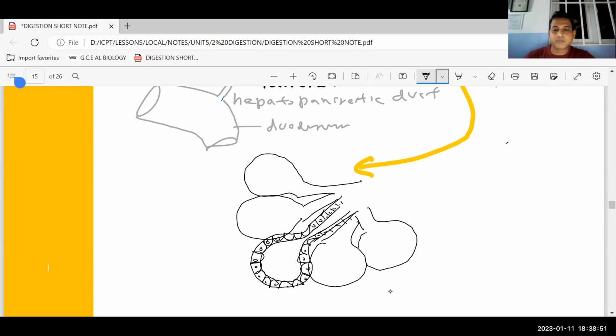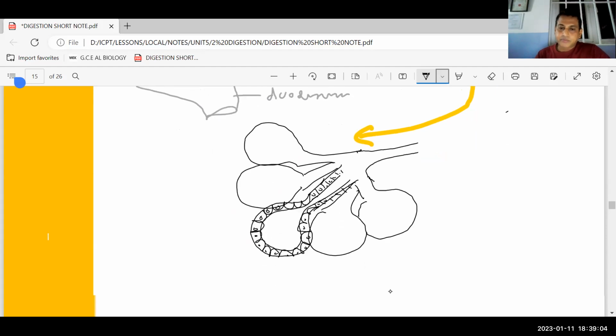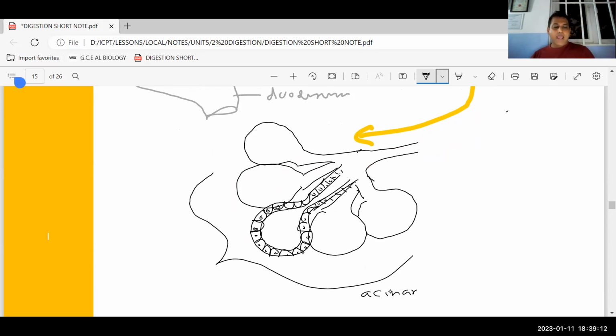So we have several collections like a bunch of grapes like this, and this collection of cells is called acini. That's called acinar cells or acini, right?